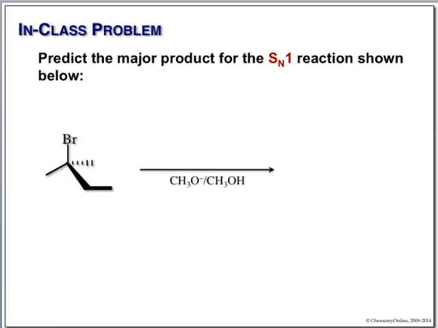Go ahead and draw the product for this thing. On the exam, the way this question would be written, it would ask you to first draw the carbocation intermediate, and then show the addition of the nucleophile to the carbocation.